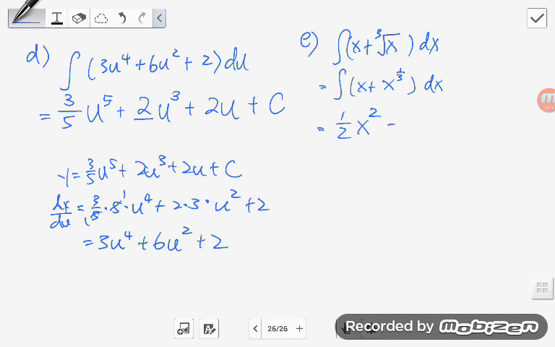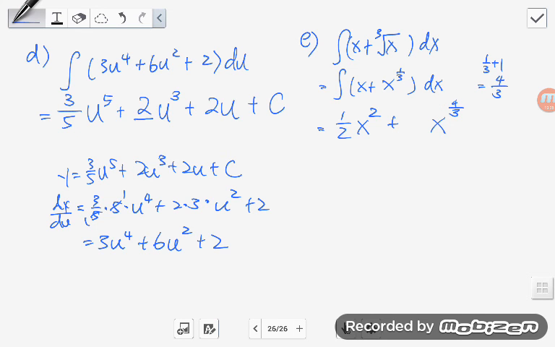Now the next one, plus, what should I differentiate so that I get x to the power of 1 over 3? I'm going to differentiate something with the power 4 over 3, because 1 over 3 plus 1 gives us 4 over 3.